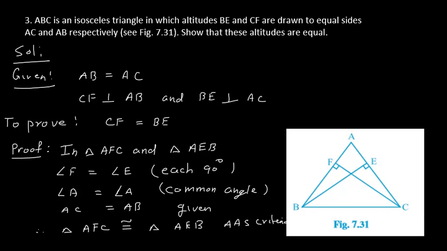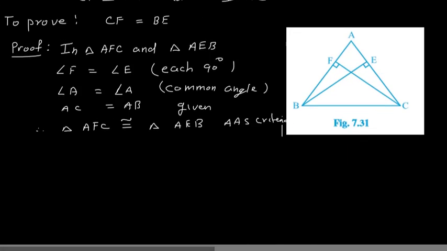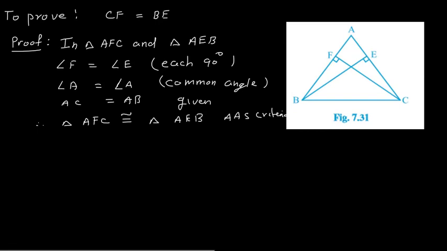Therefore, side CF is equal to side BE, corresponding parts of congruent triangles. Hence proved.